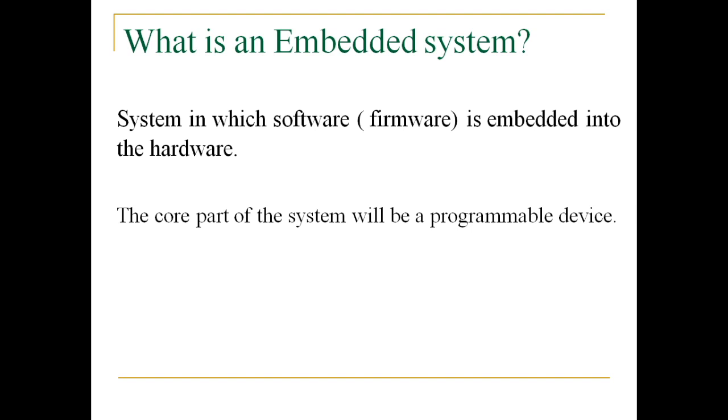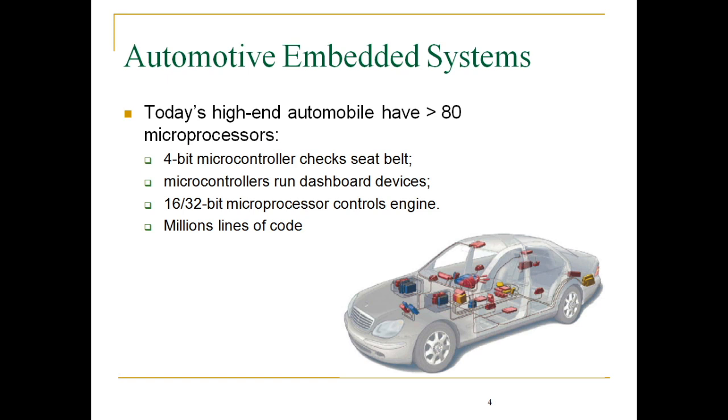So what will be the core part of that system? The core part will be a programmable device, and that programmable device can be either a microprocessor, microcontroller, or FPGA, or whatever it is. That we will see later. Nowadays, the automotive domain plays a major role in embedded devices.